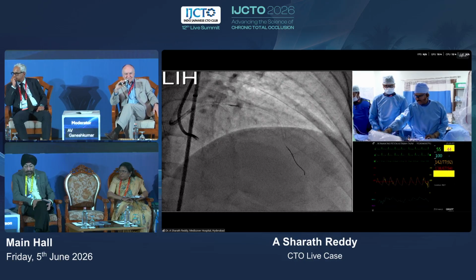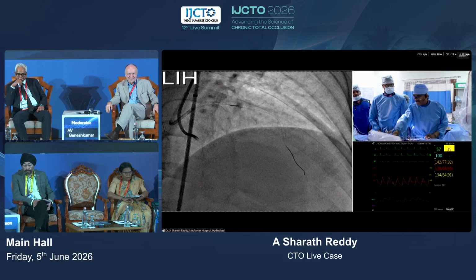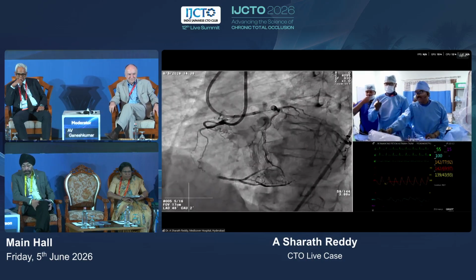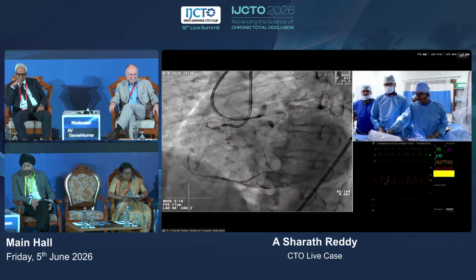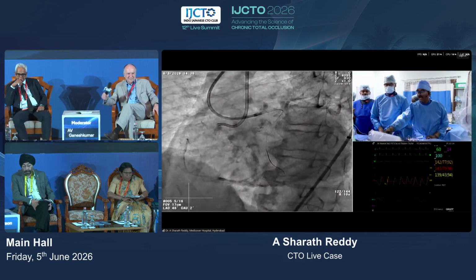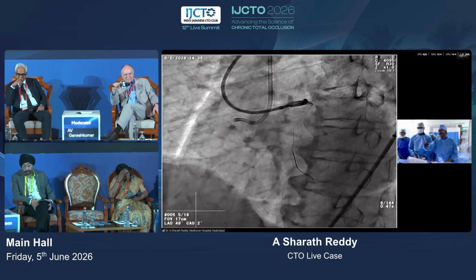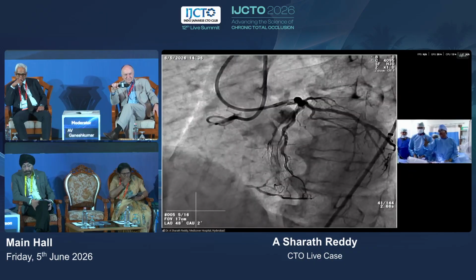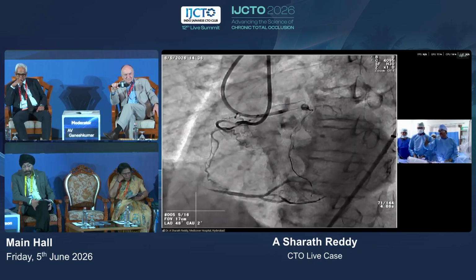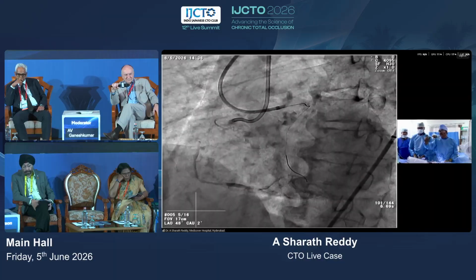Yes. I hope you did one. I strictly follow your guidelines, sir. This one, run thumbnail. So this is the dual injection. You can see in LAO, and as CT already showed us, CTO length is definitely not huge.